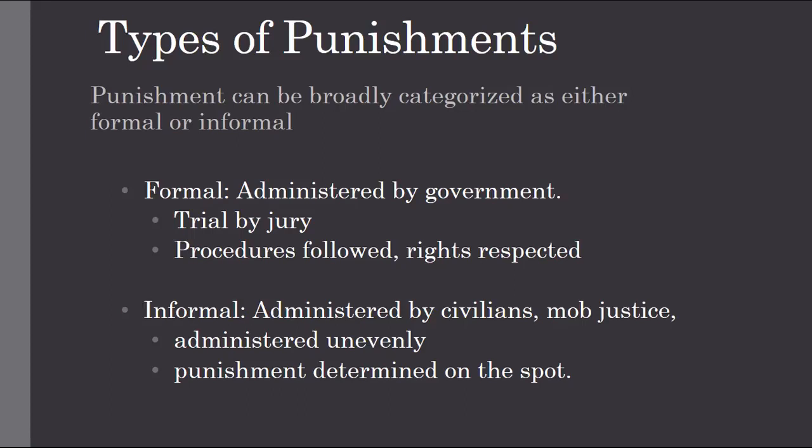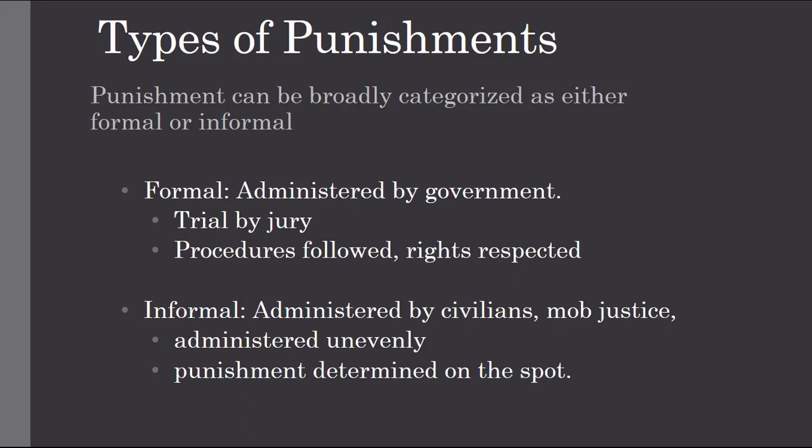In informal punishment, however, punishment tends to be administered by civilians. It tends to be more informal. It takes the place of mob justice often. It is less regulated and administered more unevenly. And often with these kinds of punishment, it is determined on the spot.